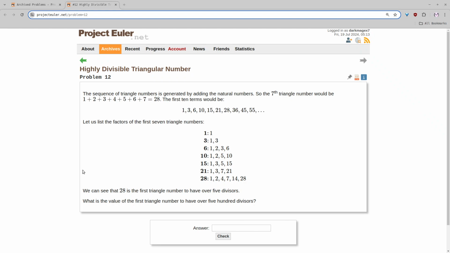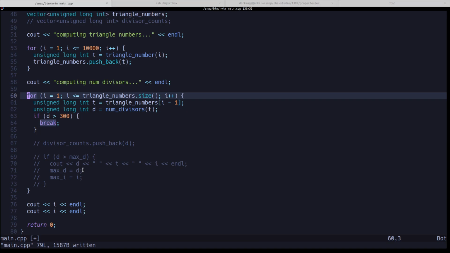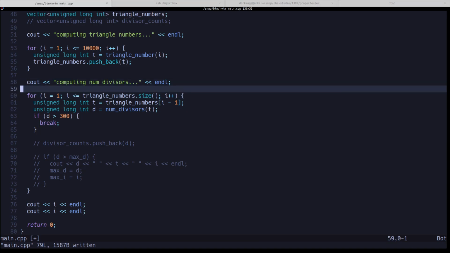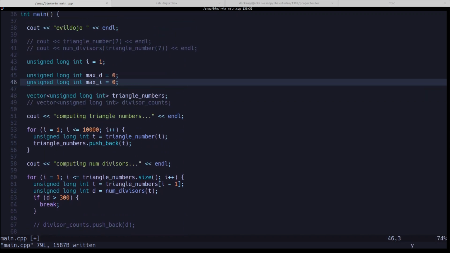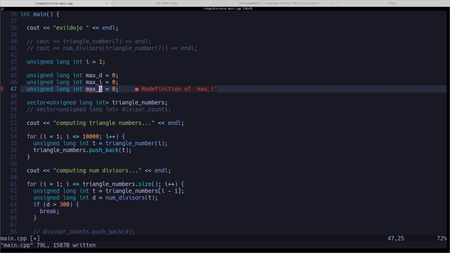The value of the first triangle number, we would want to keep track of that as well.